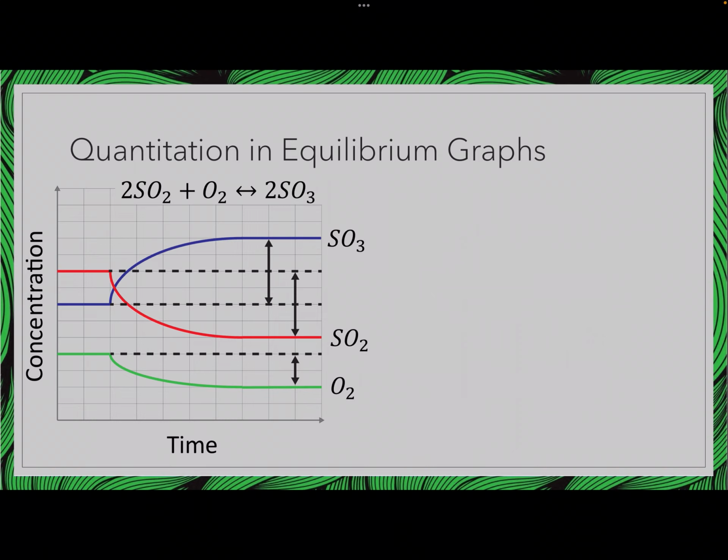Now with O2, O2 has a stoichiometric ratio of 1, and so it's going to be half the amount of change that SO3 or SO2 will have. Where SO3 and SO2 change by 4, O2 just changes by 2 squares in this example. And it's going down, because we've changed the temperature in such a way that our SO3 increases. For SO3 to increase, it needs to get made by reacting SO2 with O2, so those decrease.